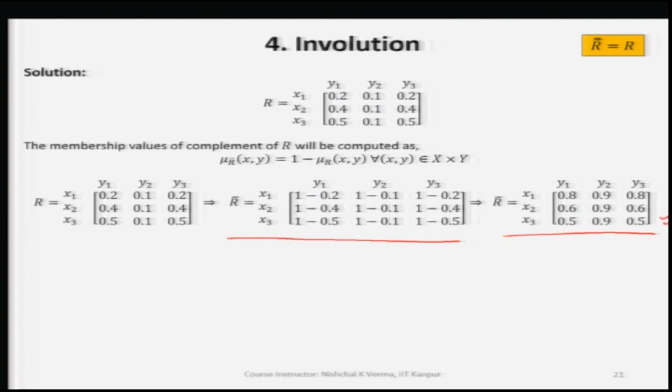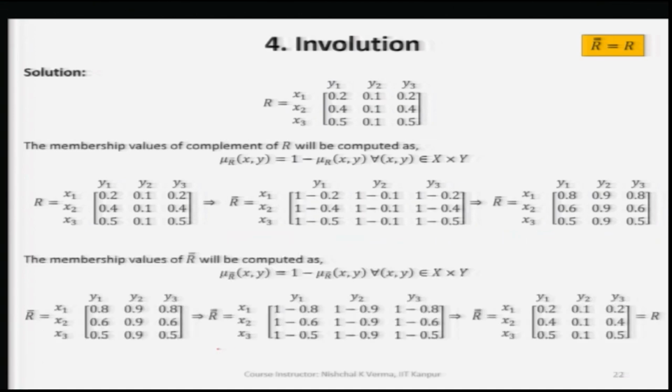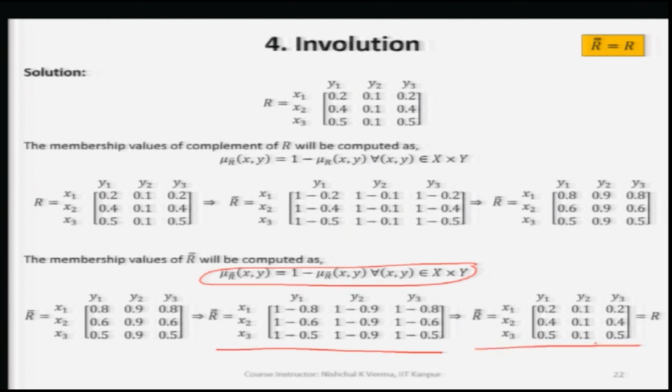When we have R bar, now let us find the complement of R bar, that means R double bar. With the same kind of subtraction, following this criteria, we get the double complement of R, and we get a fuzzy relation set. If we compare this, we see that we are getting the same set with which we started.